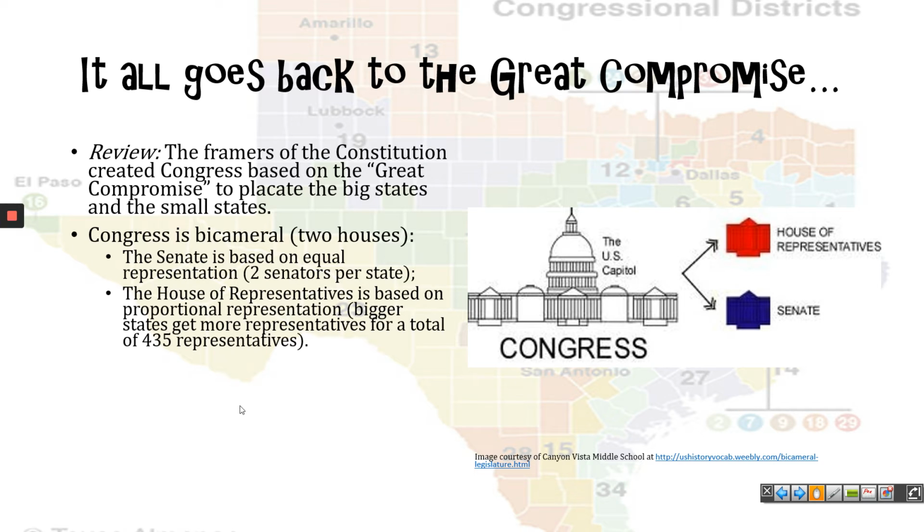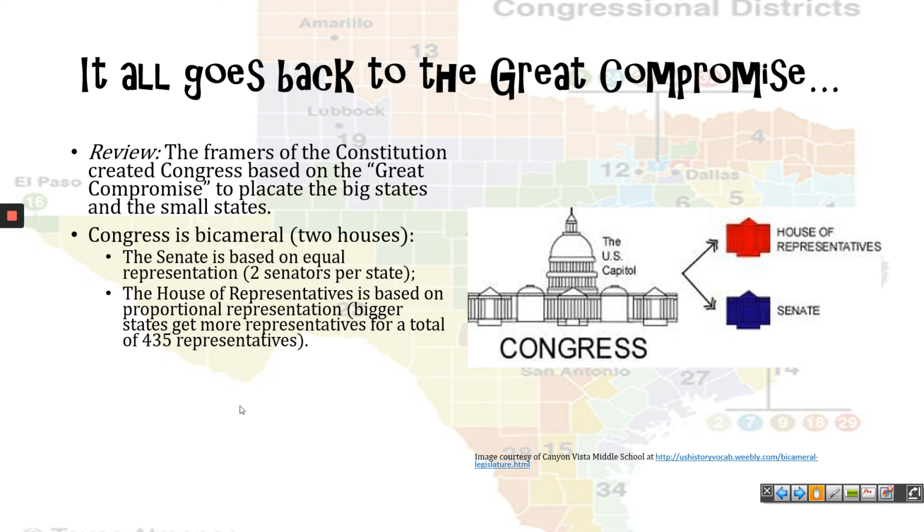So put it in modern times, California, the biggest state in the country, has 2 senators. Places like Montana, Rhode Island, Vermont, these very small states, they also have 2 senators. Texas, the second largest state in both size and population, has 2 senators. That was to make the small states happy, the Senate.